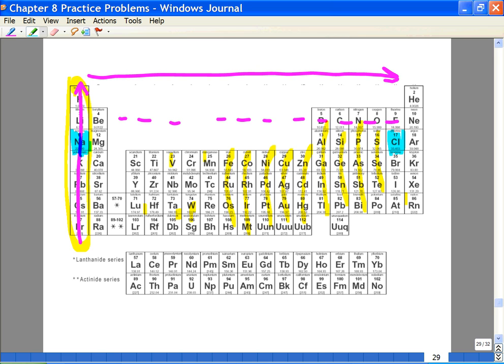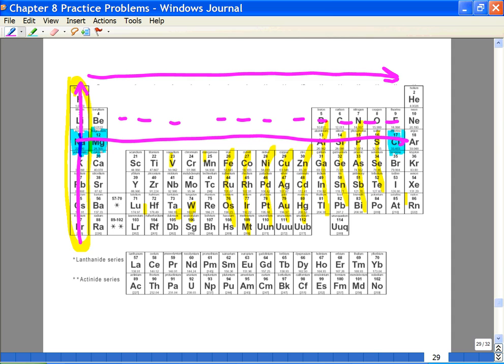And magnesium is right here. I guess I'm doing the second one. So it's pretty easy to see the trend in this case. Going from this direction to this direction, we can expect the electron affinity to increase.